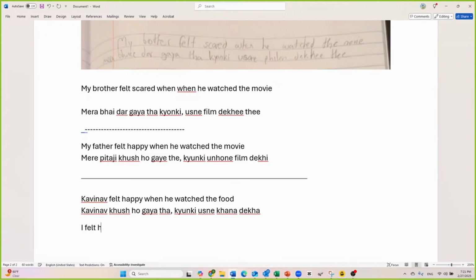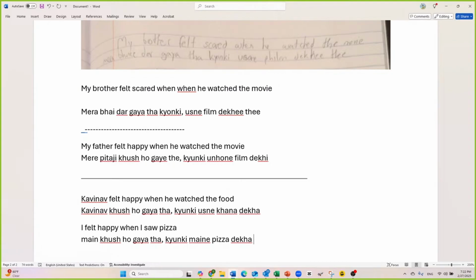So now how will you say I felt happy when I saw pizza? मैं खुश हो गया था क्योंकि मैंने पिज्जा देखा. Not usne, but mainne. If you treat pizza as a boy, then it will be dekha. If you treat pizza as a girl, it will be dekhi.